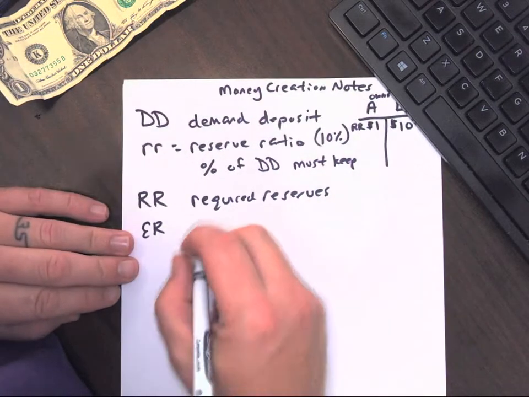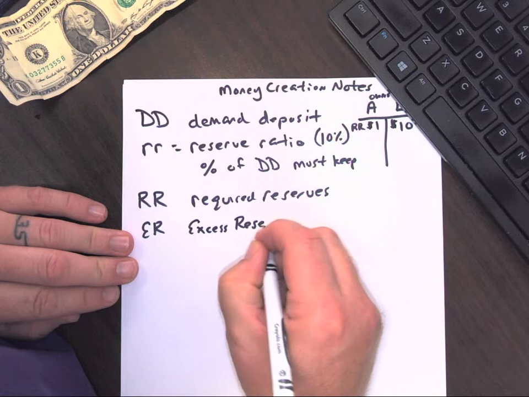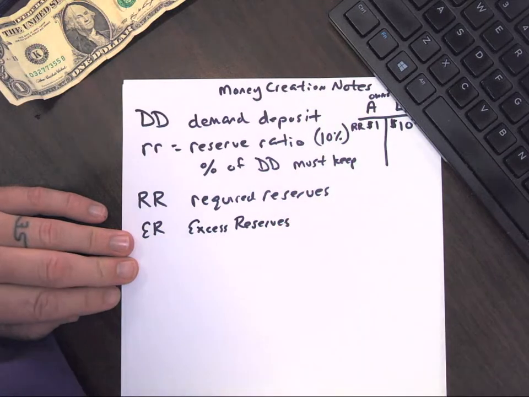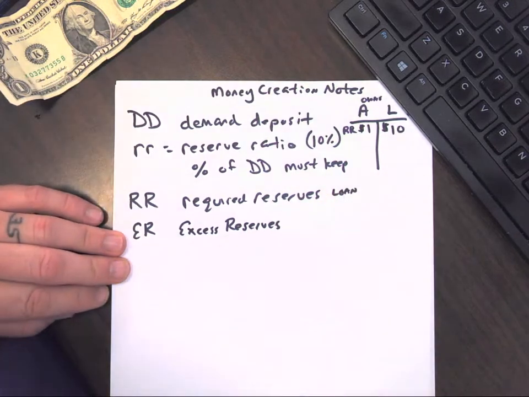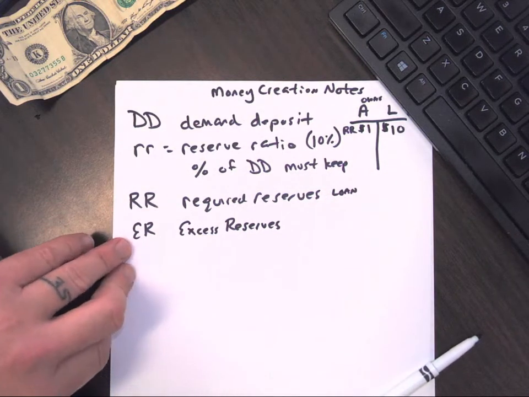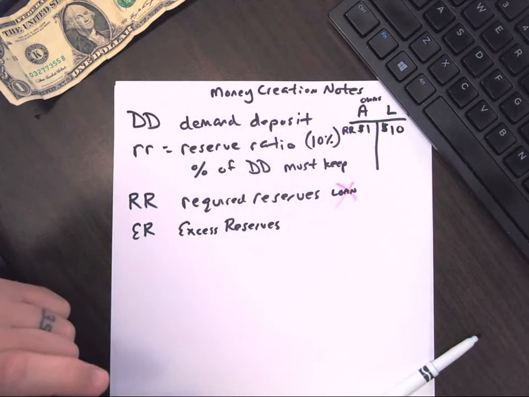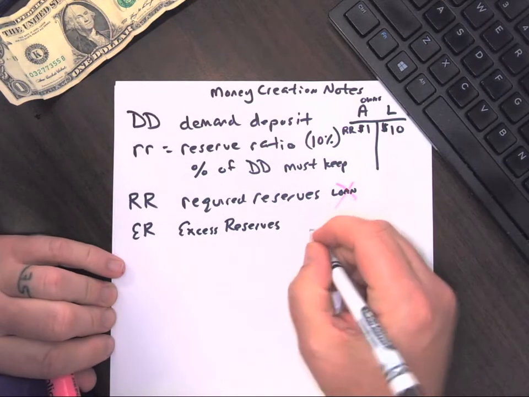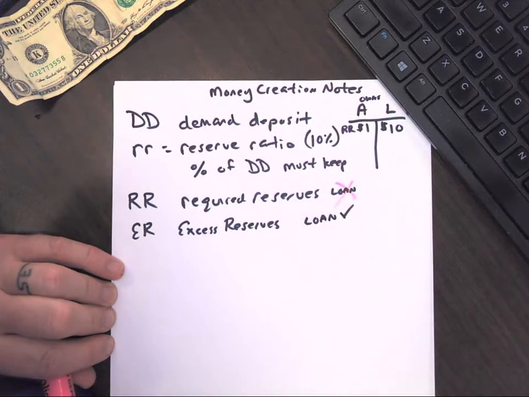So these are called excess reserves. The required reserves they cannot loan out. The excess reserves, they can loan out.